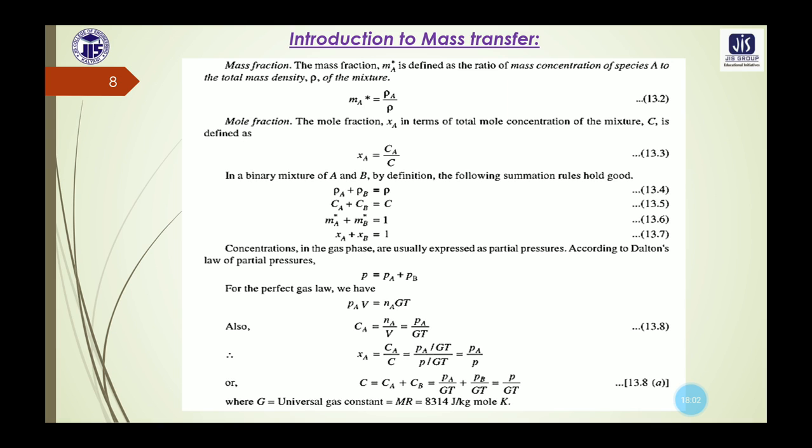So this equals Pa by Gt plus Pb by Gt, which equals capital P by Gt. Here G is the universal gas constant, equal to 8314 joule per kg mole Kelvin. All these relations are very useful while solving the numericals that will be discussed later.